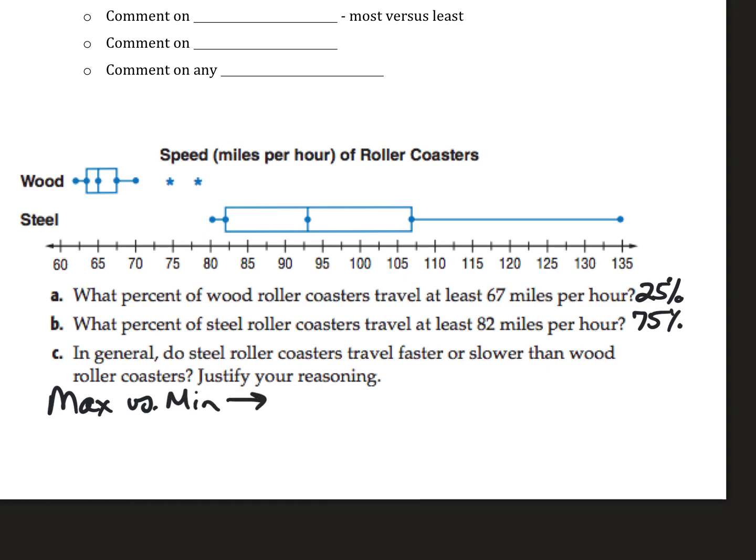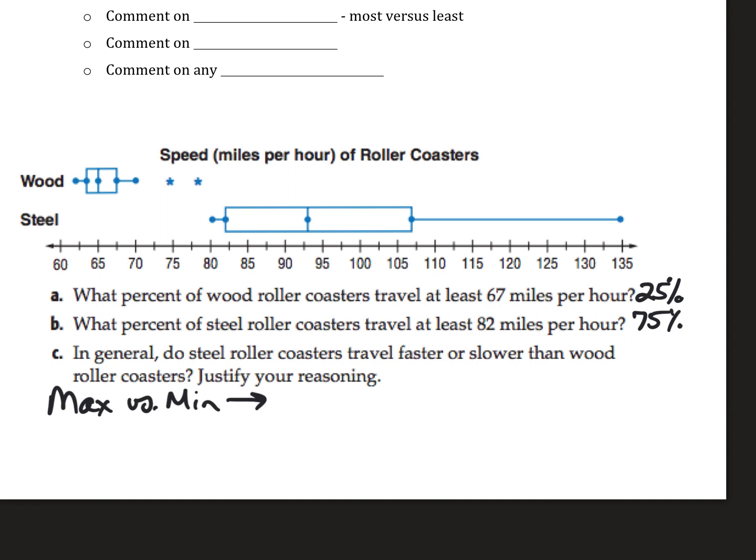The maximum roller coaster speed for wood is approximately 77, 78. Well, that's still not as fast as the minimum roller coaster speed for steel at 80.